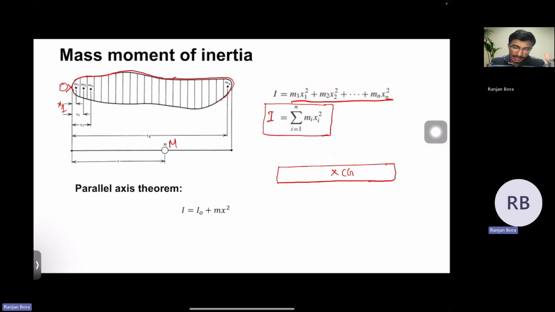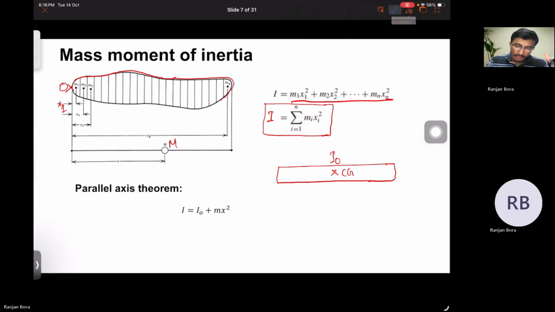If we say the moment of inertia about this CG is I naught, and we want to find the moment of inertia about this point X, then what do we need to know? We need to know this distance. Let's say this distance is small x.